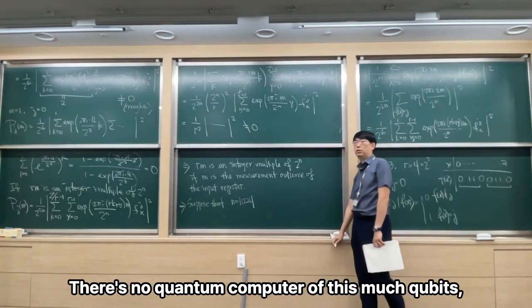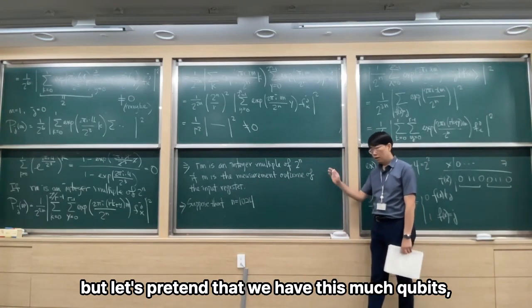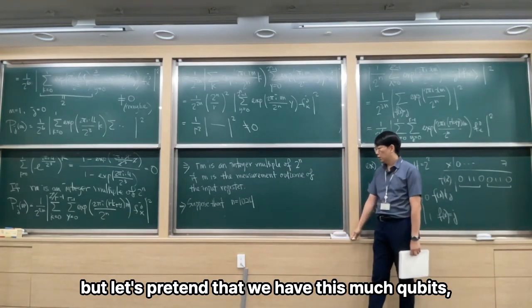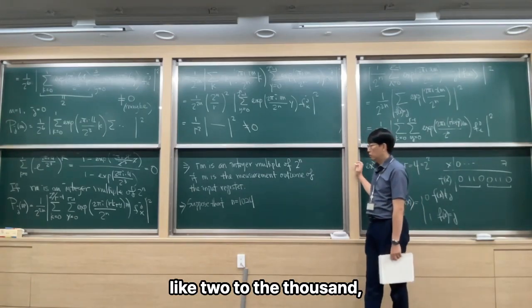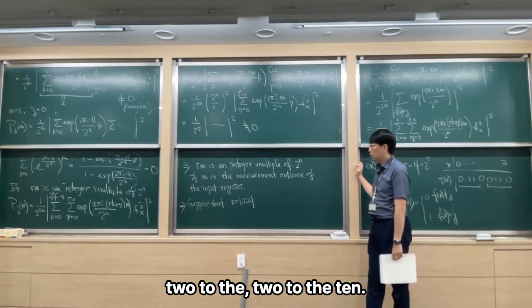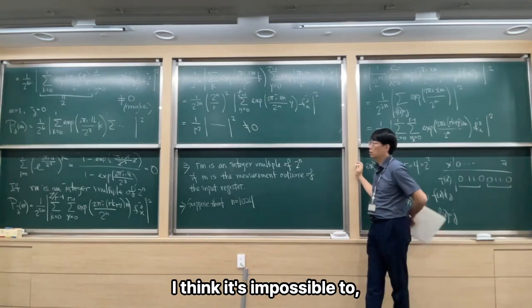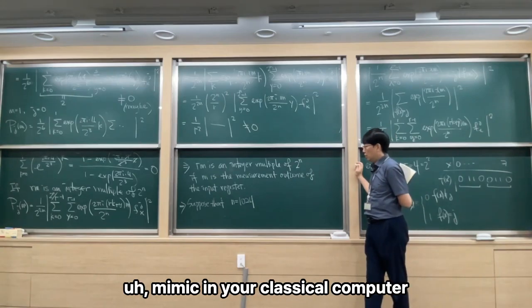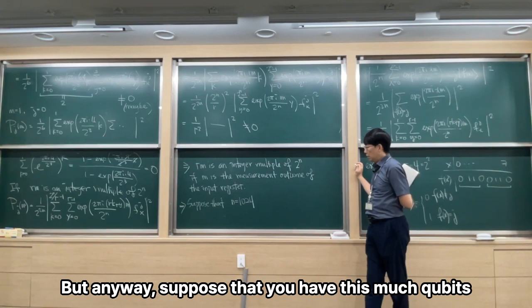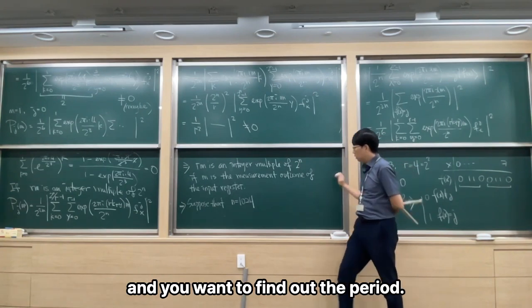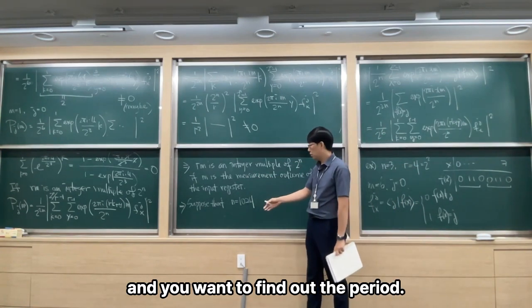There's no quantum computer with this many qubits, but let's pretend that we have this many qubits, like 2 to the 2 to the 10. I think it's impossible to mimic on a classical computer of this size. But anyway, suppose that you have this many qubits, and you want to find out the period.